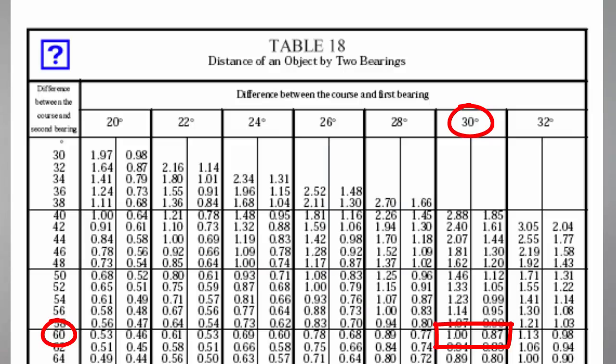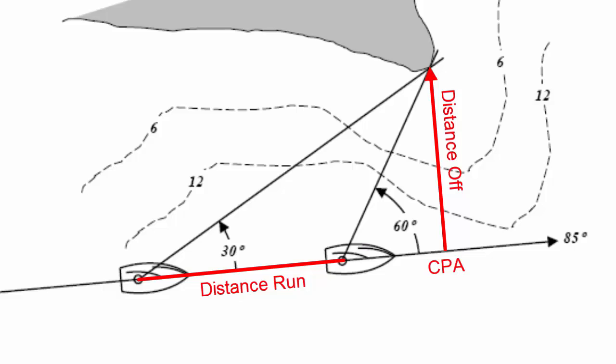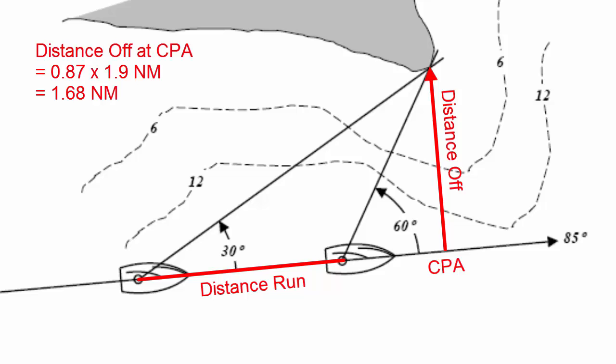The second factor, 0.87 from Table 18, indicates that the distance off at the closest point of approach, CPA, equals 0.87 times the distance run during the time between the two bearings.